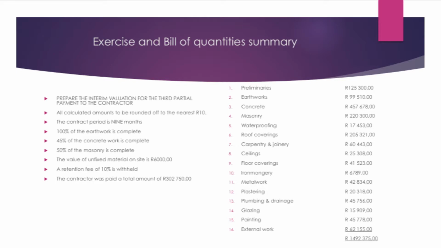The value of the unfixed material on site is 6,000. A retention fee of 10% is withheld. The contractor was paid the total amount of 302,750. Okay, how do we go about this?